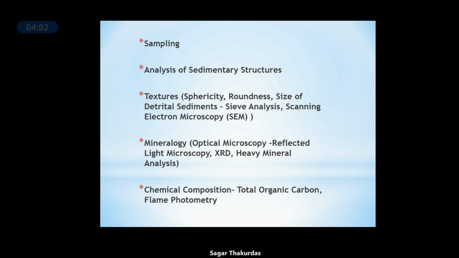For any source rock for oil and gas to be a potential source rock, the total organic carbon range is given. If the total organic carbon is higher, it has greater potential of becoming a source rock rather than any rock which has a lesser quantity of organic carbon.